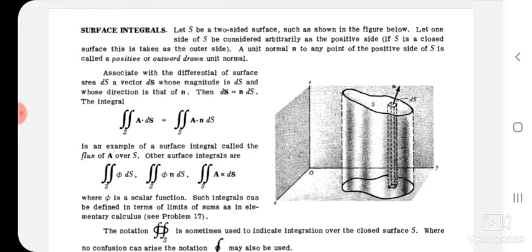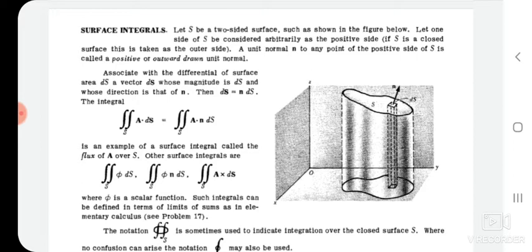Here the surface S is there. If you want to find out that surface, then we consider a small surface component from that S, that is dS, associated with the differential of surface area dS, a vector dS whose magnitude is dS and whose direction is that of n. Then dS is equal to n dS.